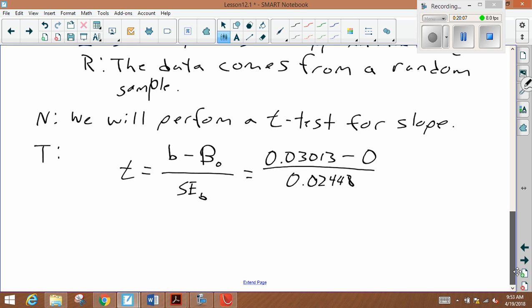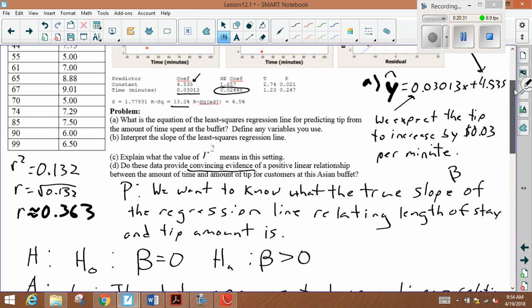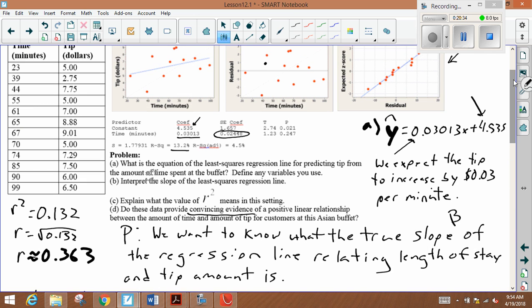All right, here we go. The standard error of our slope is right there, 0.02448. We'll put that into our handy-dandy calculator. Sorry, I don't have my table handy. And we will get 1.23. You can also find this value, so it's good to be able to calculate it.